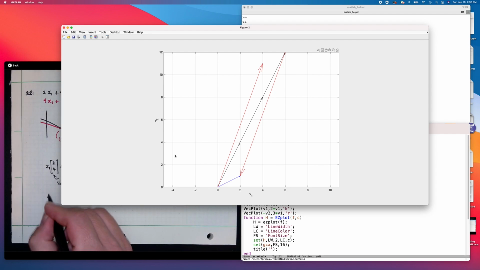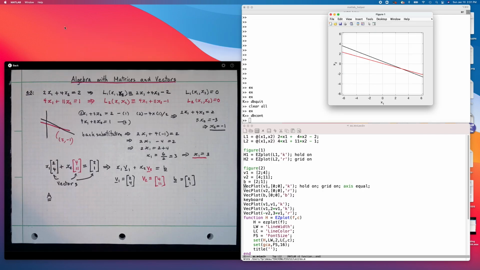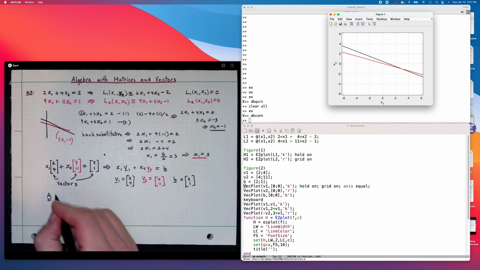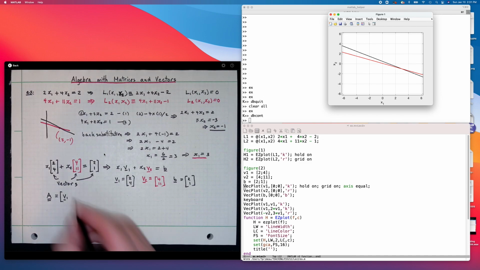So we construct a matrix A. We're going to take v1 and v2 and construct a matrix A. I've been using the little underscores to define vectors. So A is equal to the vector v1 as its first column, and the second column is the vector v2. I'll put it in red.